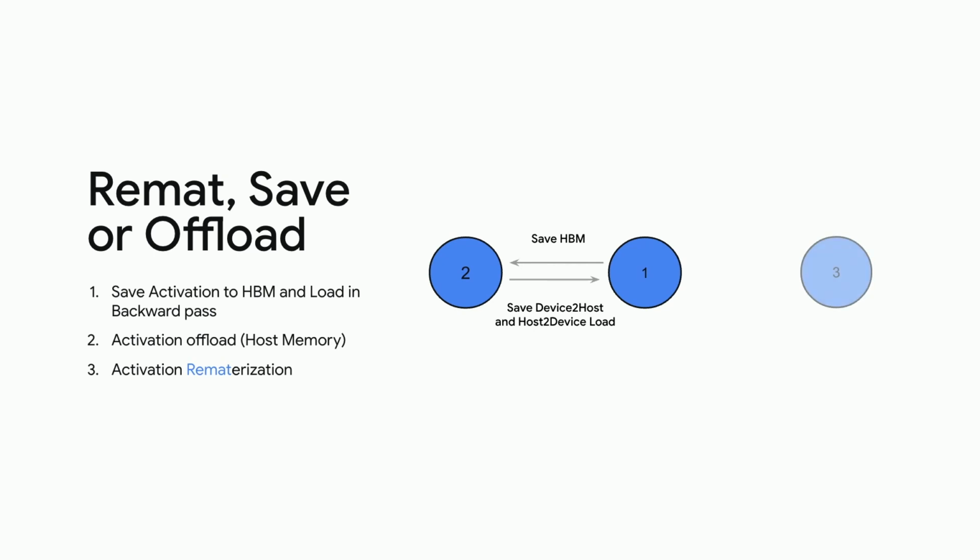If instead we choose to recompute activation during backward pass, we trade off compute cycles. Since activation volume is intimately related to the sharding configuration, this trade-off is also iterative. That is, you will need to experiment with different extent of save, remat, or offload.